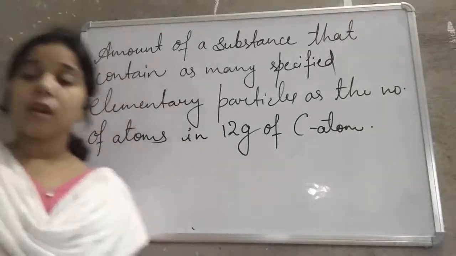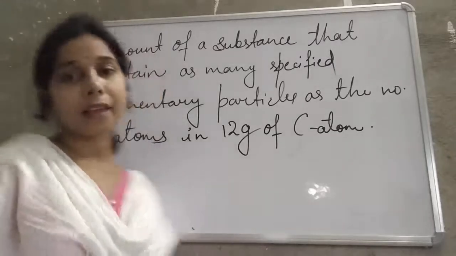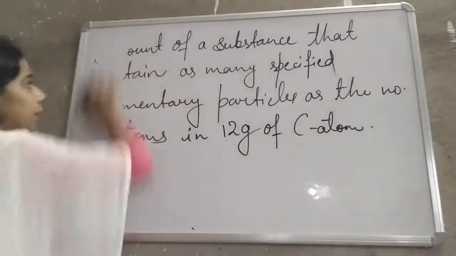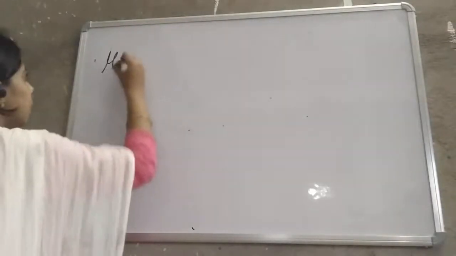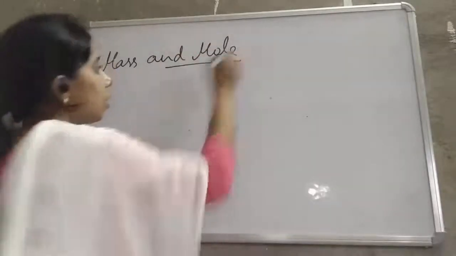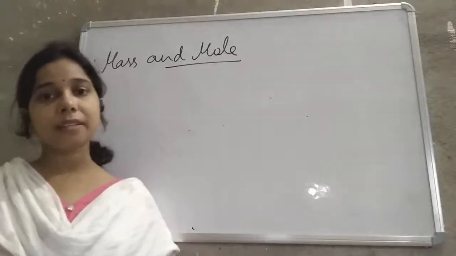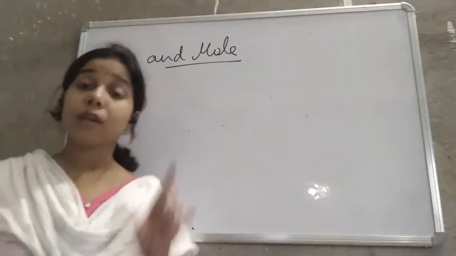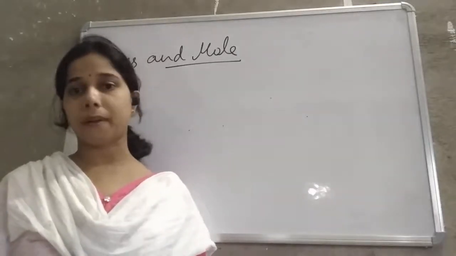Now what is the relationship between the mass and the mole of a particular element? Like we said when we were talking about the mole, students, a mole has a fixed number of particles in it, 6.022 × 10^23.